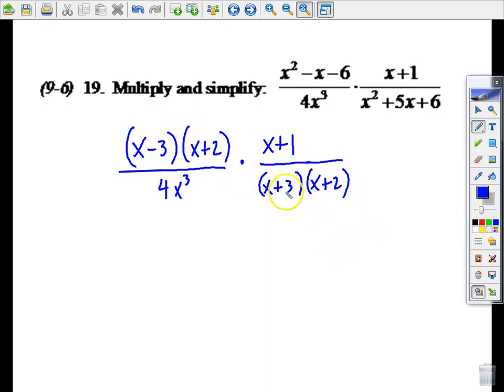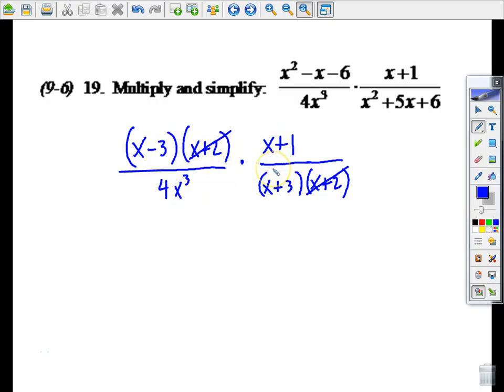Okay, and then we're going to look diagonally and vertically, and see what cancels. Binomials that match will cancel. I cannot break apart a piece of a binomial, so don't attempt to cancel x with x cubed. A binomial has to cancel with another matching binomial.